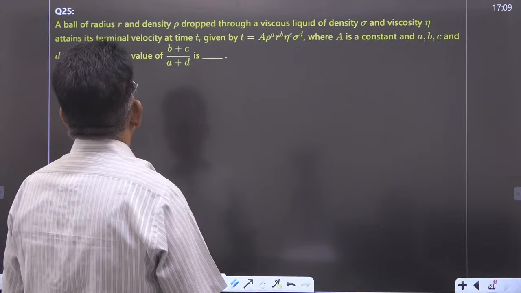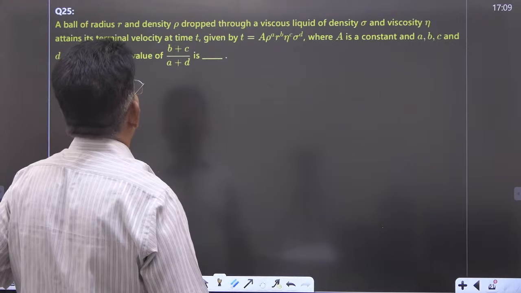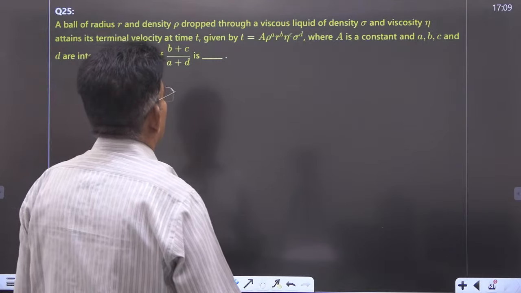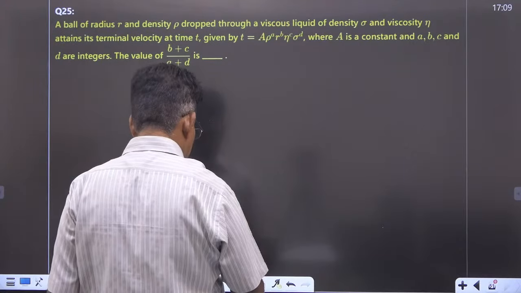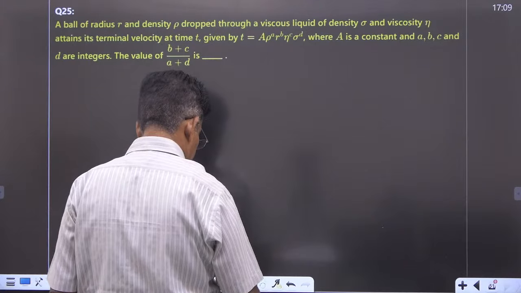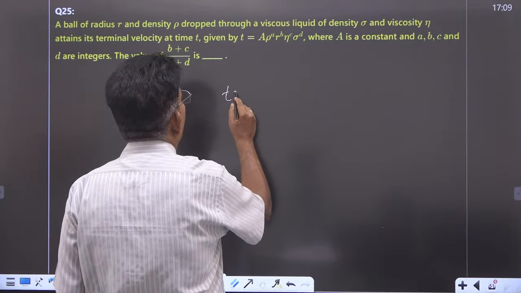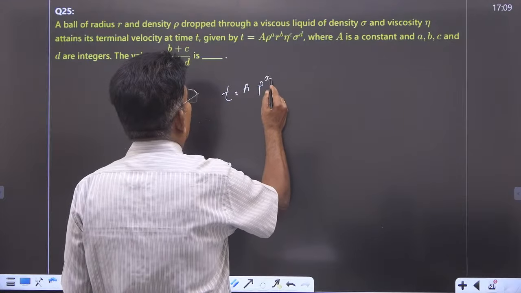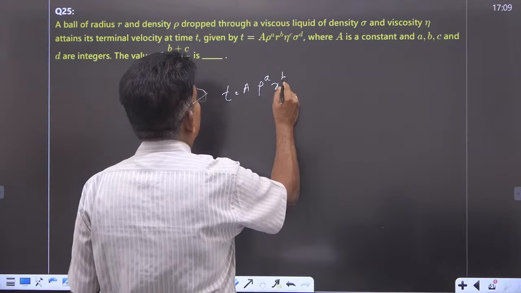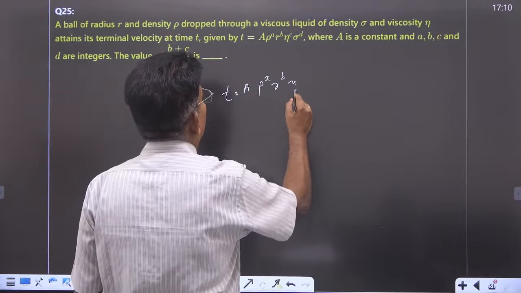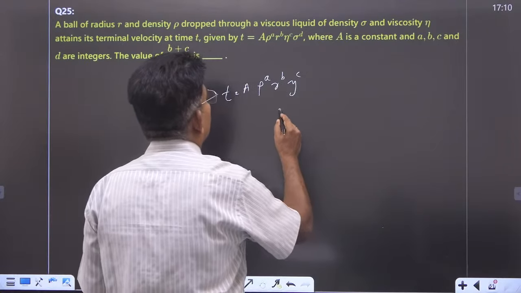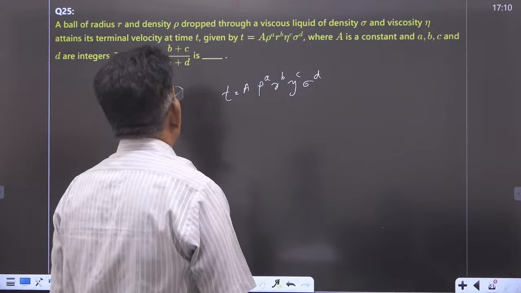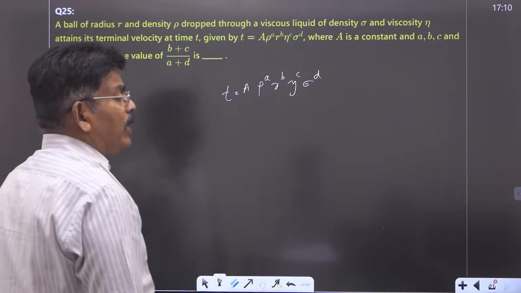A ball of radius r and density rho is dropped through a viscous liquid. And we know time is given by a constant times density to the power of A, radius to the power of B, coefficient of viscosity to the power of C, sigma to the power of D. But there are 4 variables.